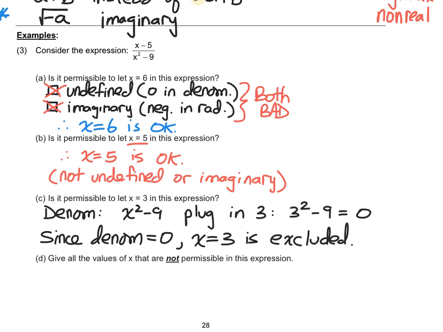Open parentheses, type in the number you want plugged in for X. So in part A, I wanted to plug in a 6. In part B, I wanted to plug in a 5. So do the same thing again.